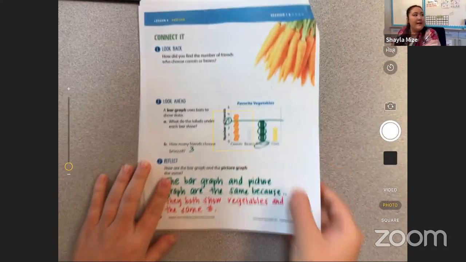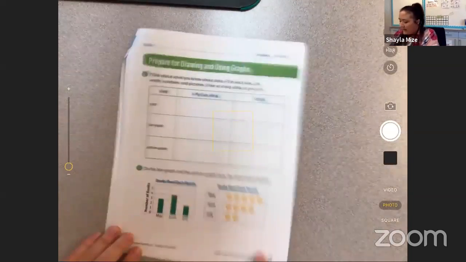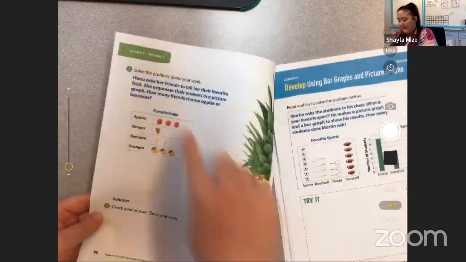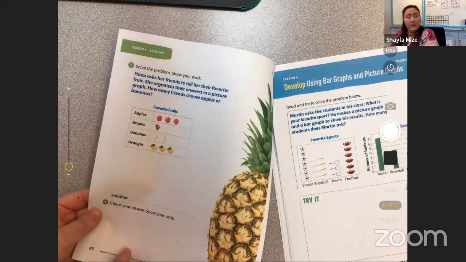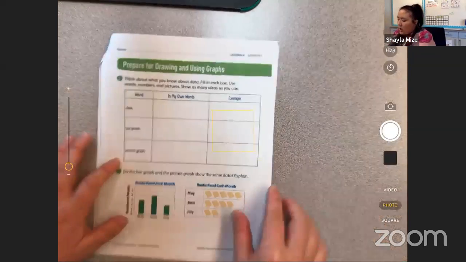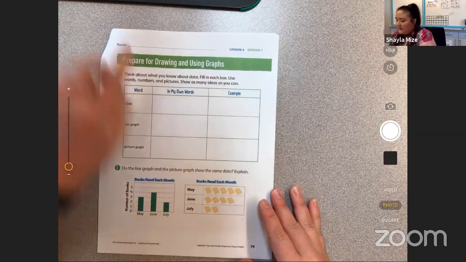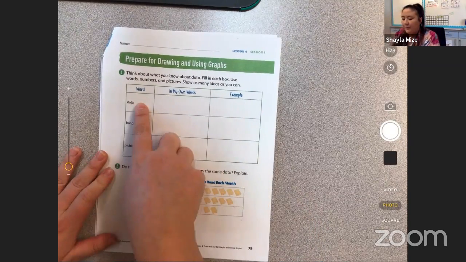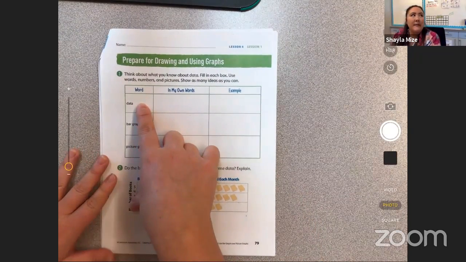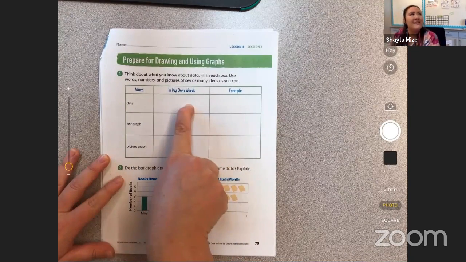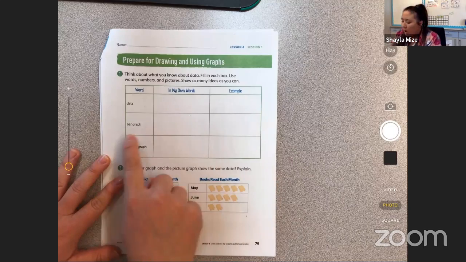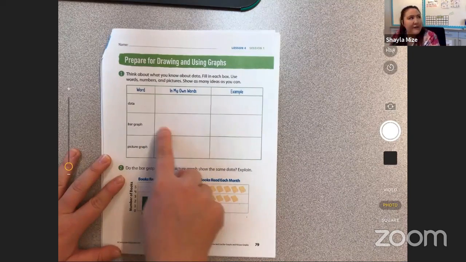Okay, so those are right here. 79 and 80. There are some fill in the blanks boxes. So what do you think the word data means? You're going to write it in your own words, and then you're going to show and draw some sort of example. Bar graph. What is a bar graph in your own words?